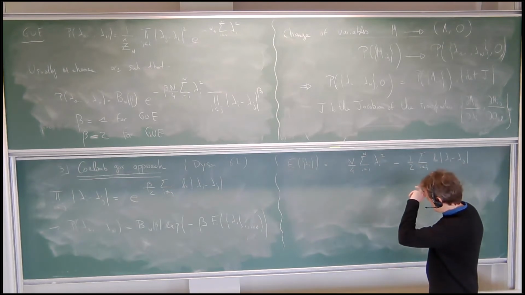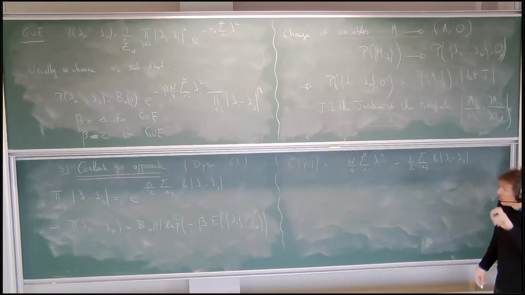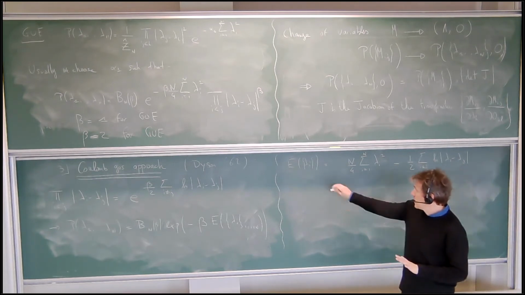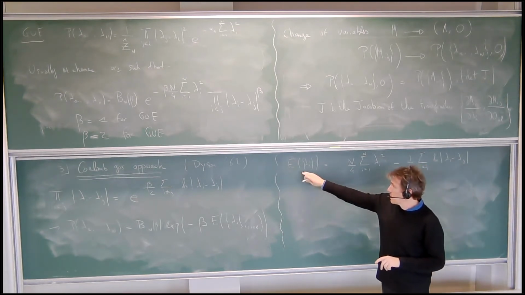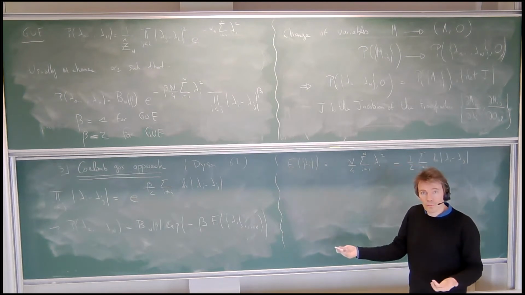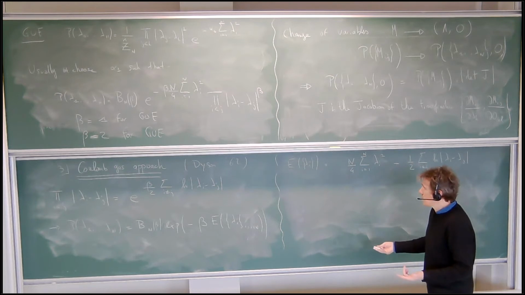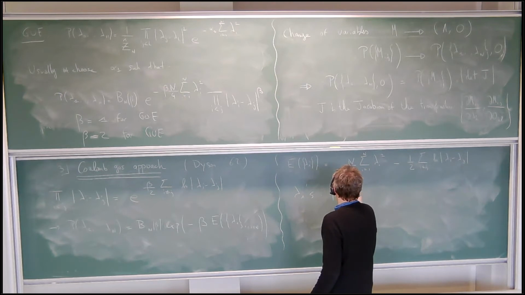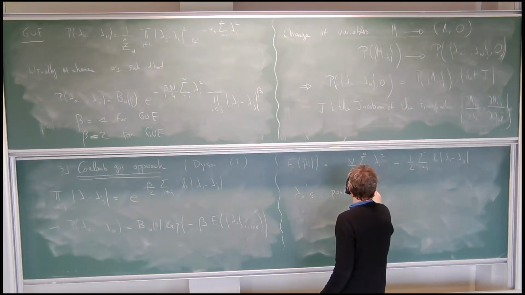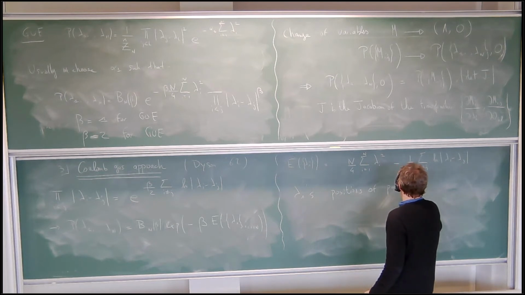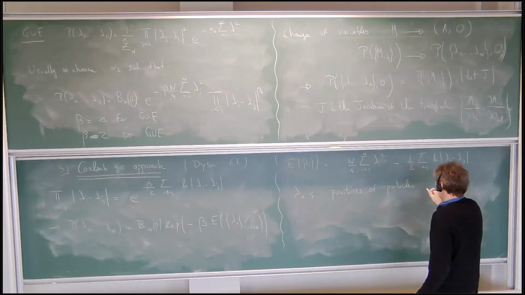So that's sort of nice, because I can now interpret this energy here as the energy associated to a configuration of a particle system where the lambda i's are now the positions of particles on a line. So it's a one-dimensional system.